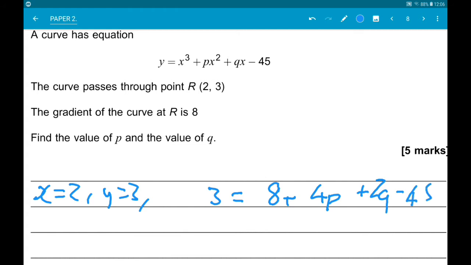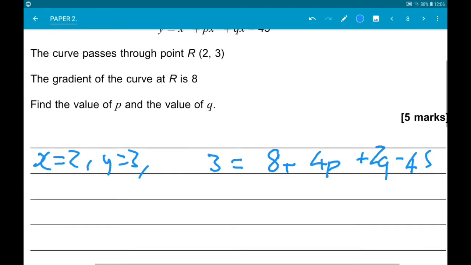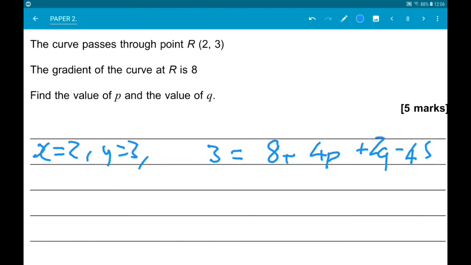So, from that, we can get 8 minus 45 is minus 37. So, add 37 to both sides, we get 40 is 4p add 2q.